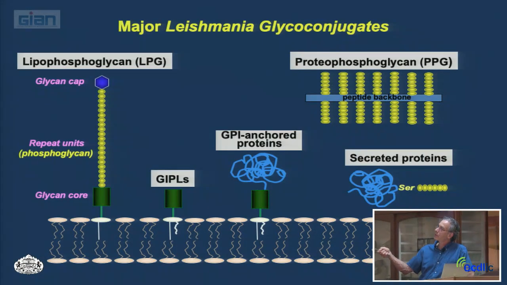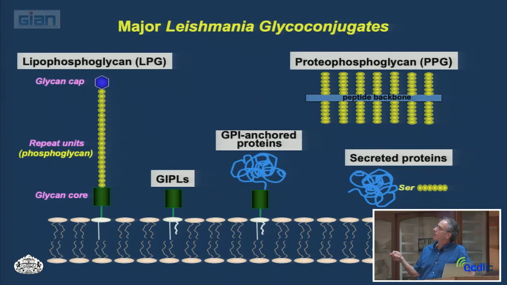And the major one is called lipophosphoglycan. So again, it's a similar GPI anchor, but it's anchoring not a protein, but a glycolipid. And we'll look at this structure in more detail.